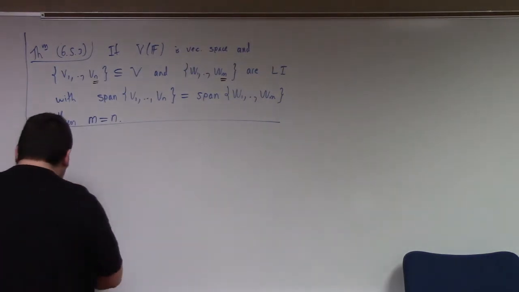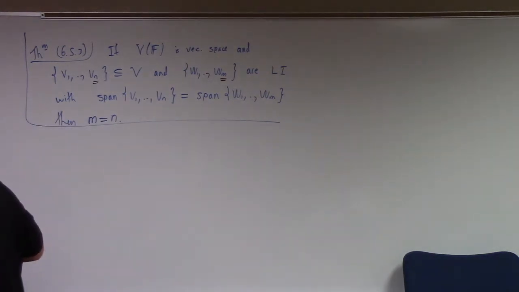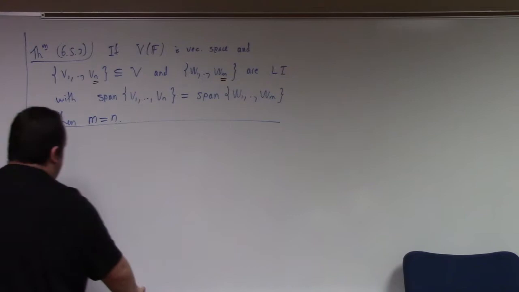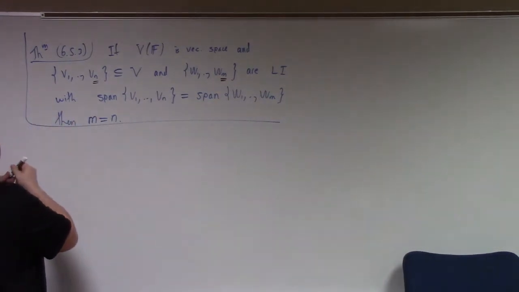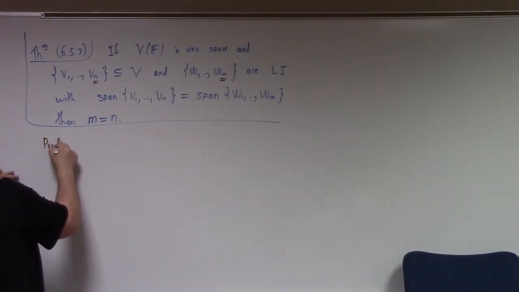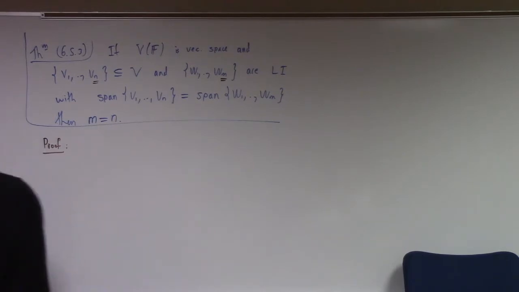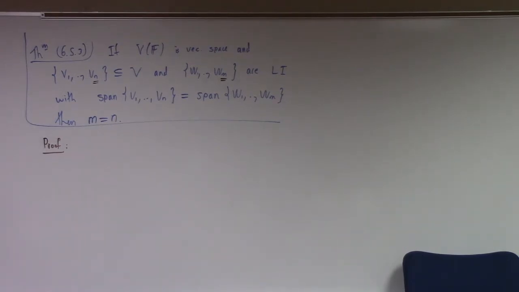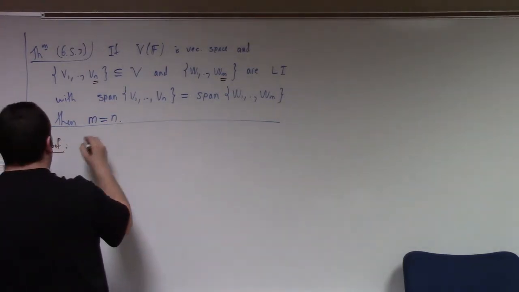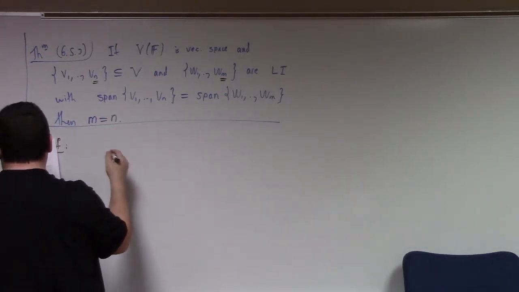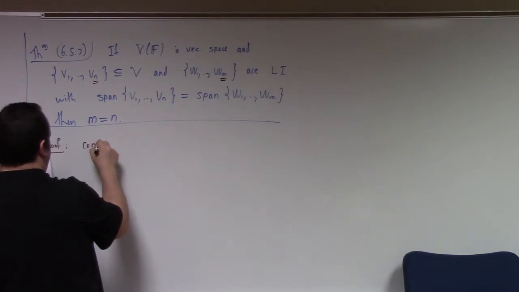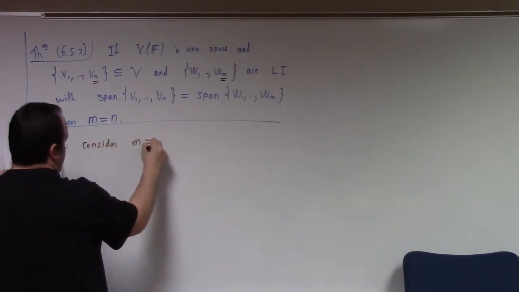Now, if we know theorem 6.5.2, which is not easy to prove, it's not that hard to prove this. Let's prove it. So proof. Suppose that V and W are given as in the theorem, and consider m greater than n.